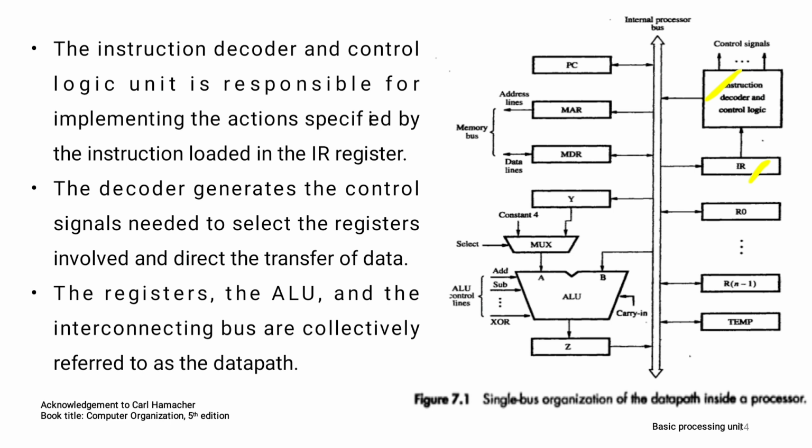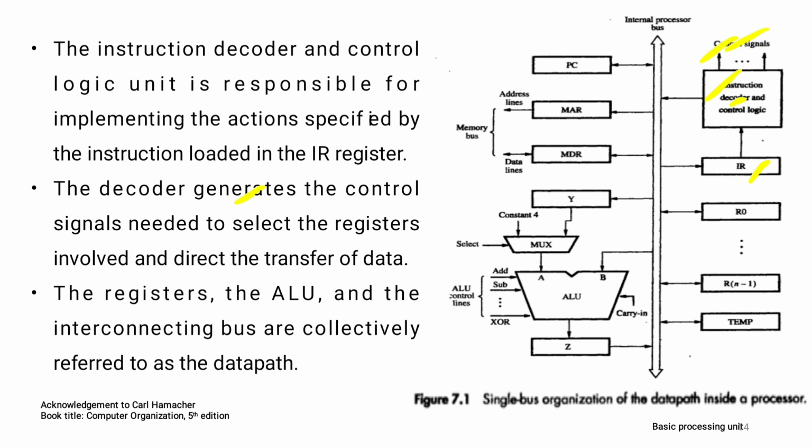The decoder generates control signals needed to select the registers involved, meaning whichever registers are required. It will select them and direct the transfer of data among them.